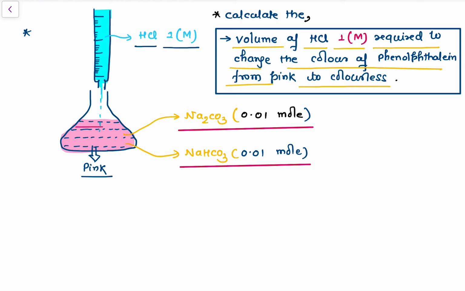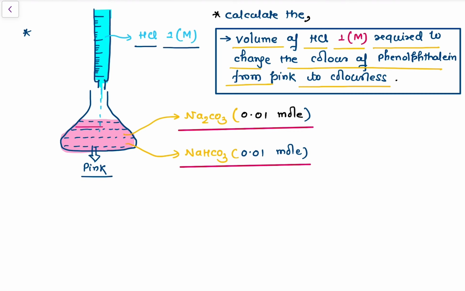And remember that the solution is basic in nature because it is a solution of a salt which is made of a strong base and a weak acid. That's why the solution is basic and the phenolphthalein is showing pink color. So we need to calculate the volume of 1 molar HCl required to change the color of the phenolphthalein from pink to colorless.